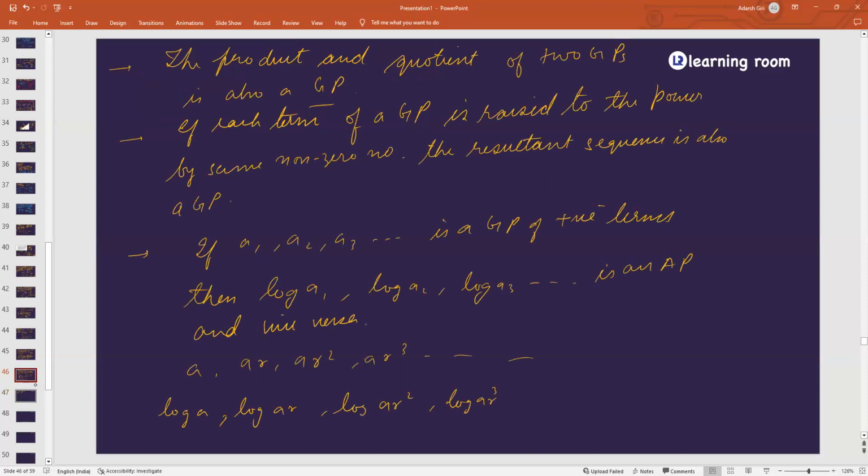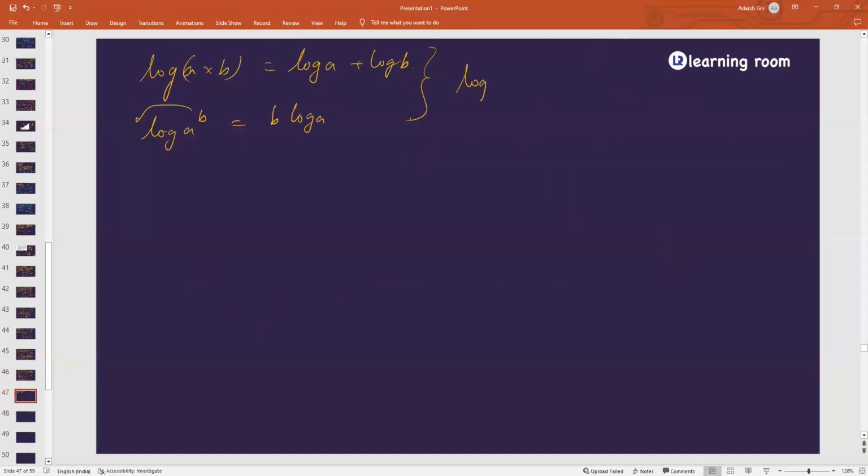So if I'm writing log A, so it is log A. Can I write log AR as log A plus log R? Everyone, tell me yes or no. Yes, sir. Right? And then can I write log AR square as log A plus log R square?